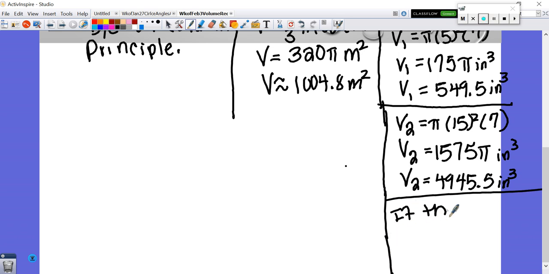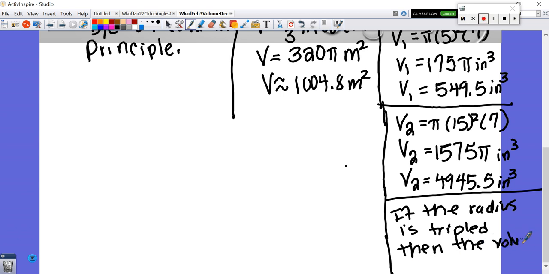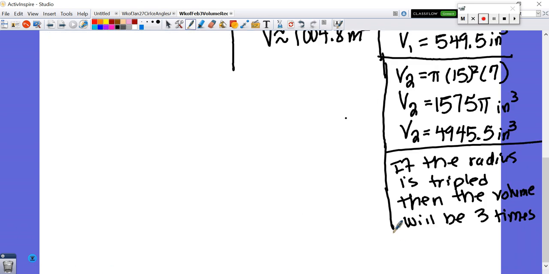If the radius is tripled, then the volume will be 9 times as much, which means it will have a scale factor of 9.